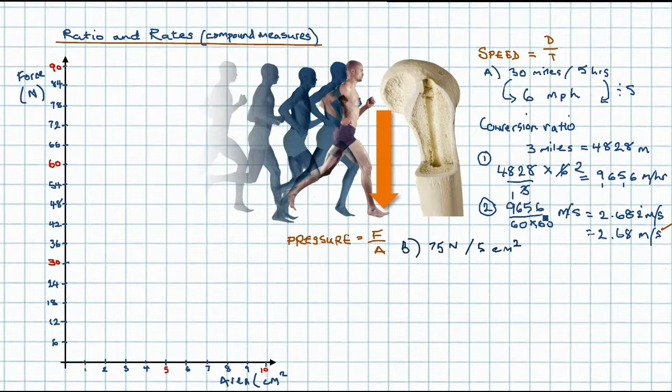And we didn't actually mark on our speed here, so we started with 30 in 5, so let's mark that on here, 30 in 5. Now we're starting with 75 newtons here, so it's going to be about there, 75 per 5, which is about, yeah, it's going to be halfway, isn't it? So it's going to be there.